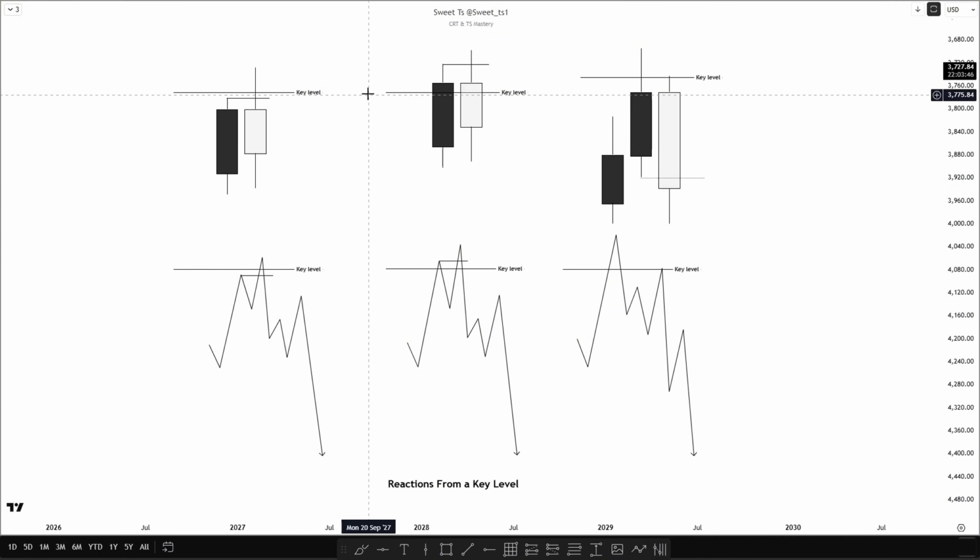The second reaction is different: candle number 1 tops the key level. We have an OB and key level, and we have candle number 1, so we engineer liquidity inside the key level. This is the difference: here we stop just below the key level, and here we are inside the key level.